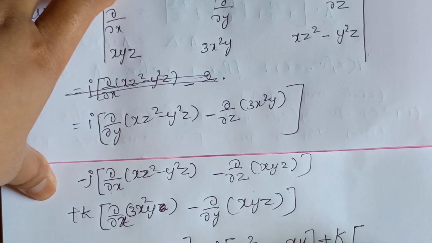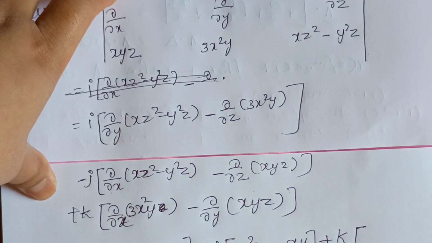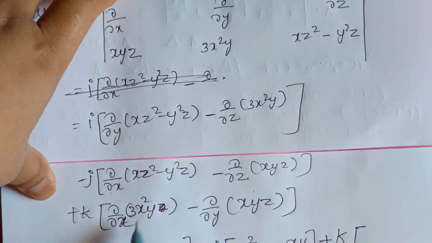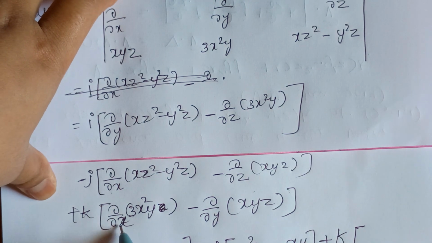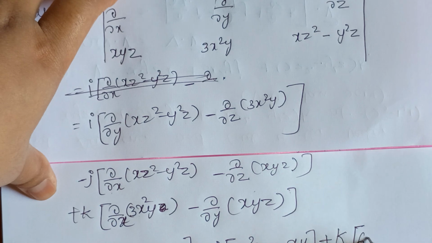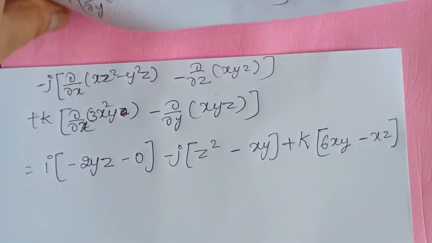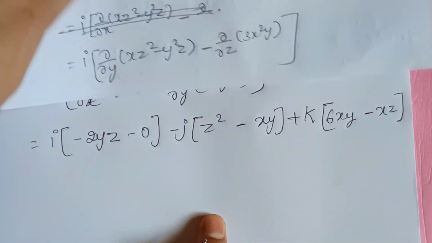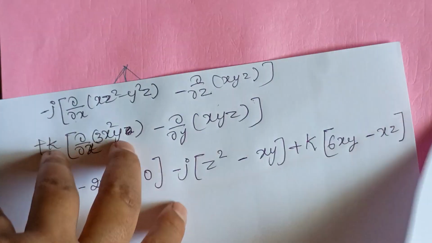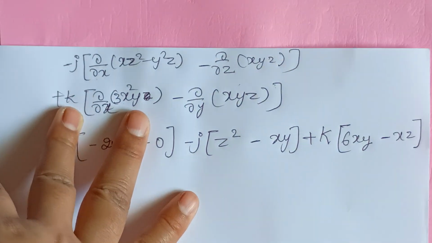Plus k, differentiating with respect to x, so 6xy minus xz. So I hope it is fine till here.